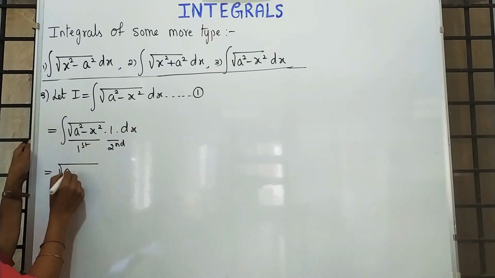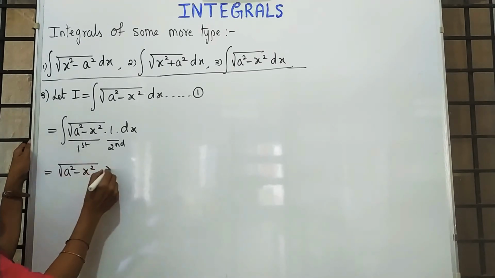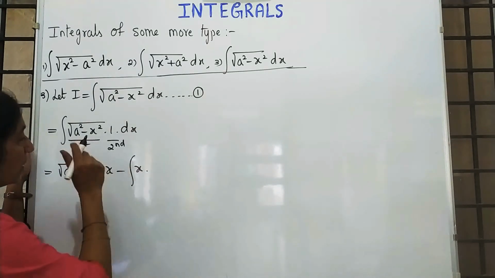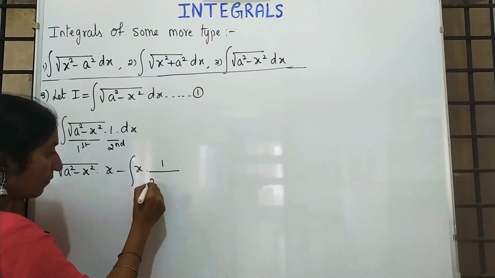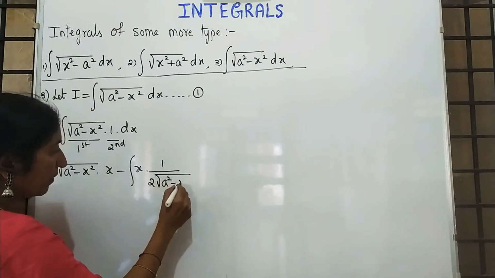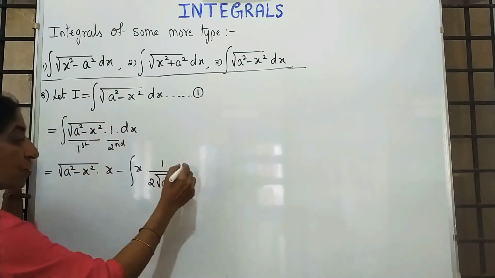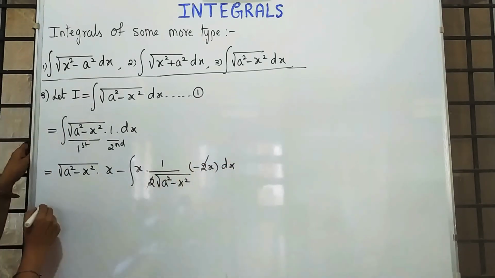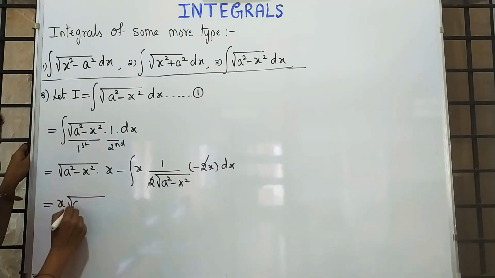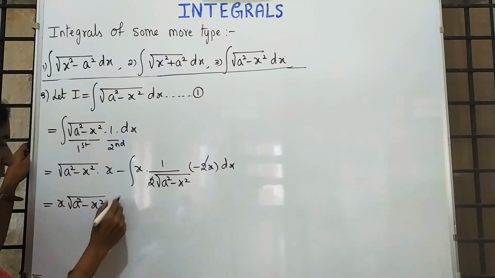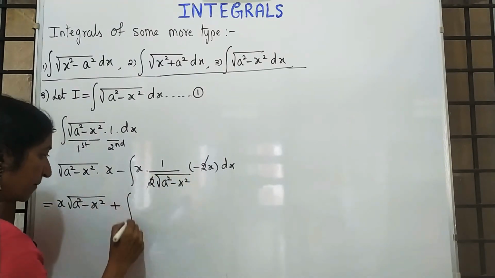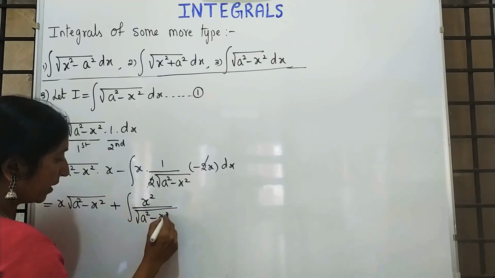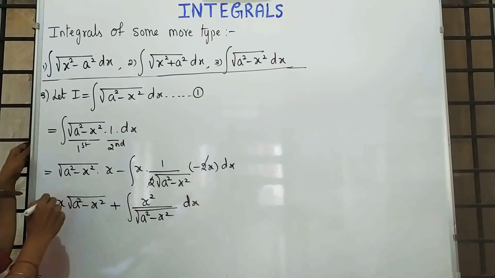First function as it is, integration of 1 is x, minus integration sign, integration of 1 is x, differentiation of root is 1 upon 2 root a square minus x square into differentiation of a square minus x square is minus 2x. 2 gets cancelled, x into root of a square minus x square, minus into minus becomes plus, x square upon root of a square minus x square into dx.